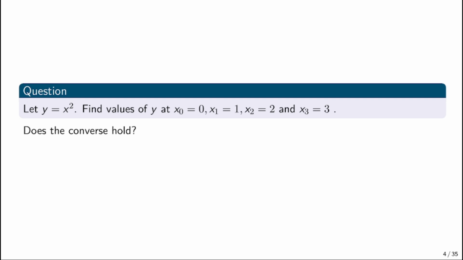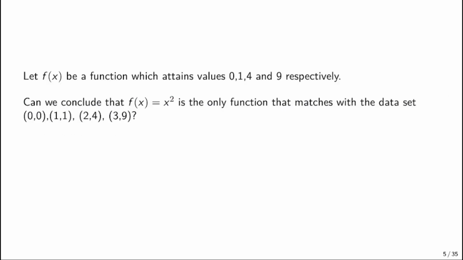Obviously one option is x square, but can we conclude that this is the only function which matches the data set? What about the function g of x, x times x minus 1 times x minus 2 times x minus 3 plus x square? You can observe that this function also attains the values 0, 1, 4 and 9 at 0, 1, 2 and 3 respectively.